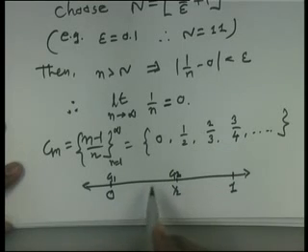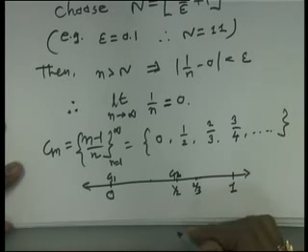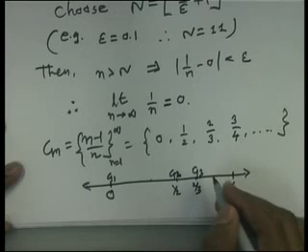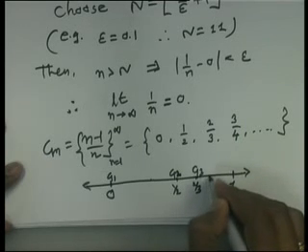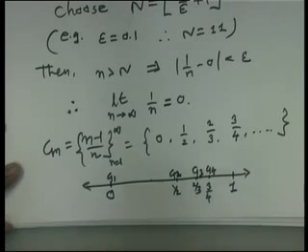Then 2/3: if we make 3 parts of this segment, 2/3 is somewhere here, so this is a3. Similarly 3/4 is here, a4, and so on. So we can see that this sequence is approaching 1.